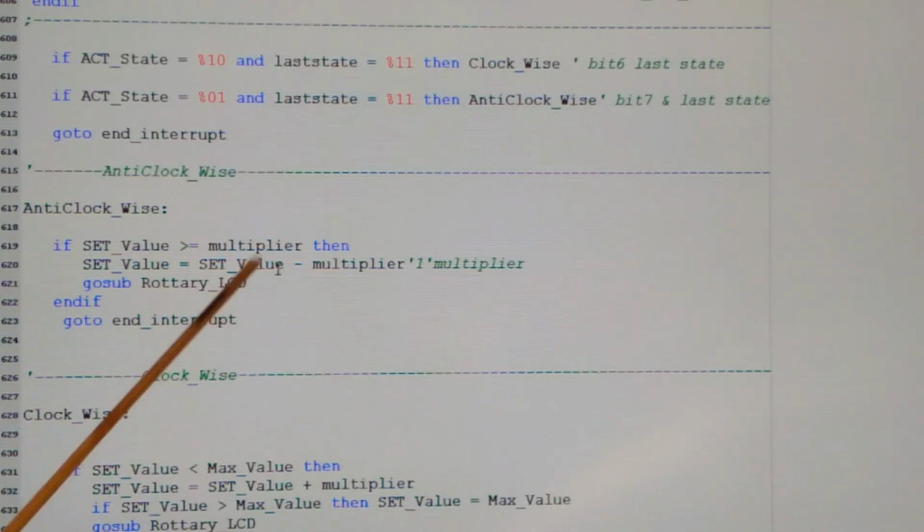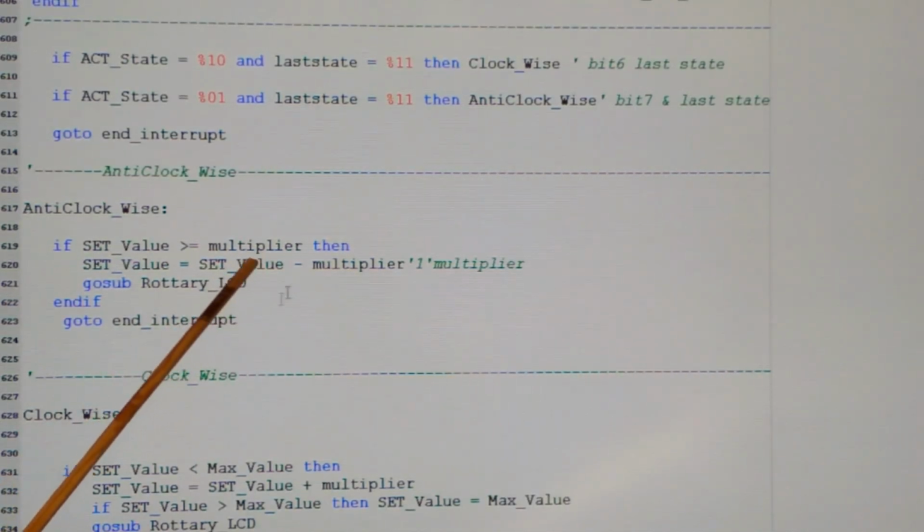And the reason for the multiplier: I'm counting by 1 in the normal situation, if you're on the first digit. But if you are on the second digit, depending on where your cursor is, you might want to add 10 or add 100.